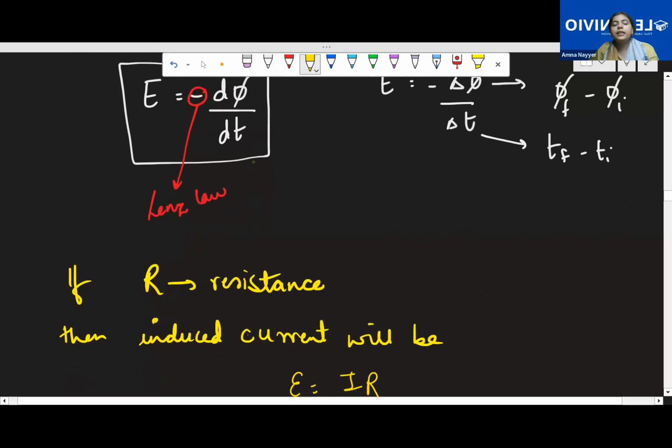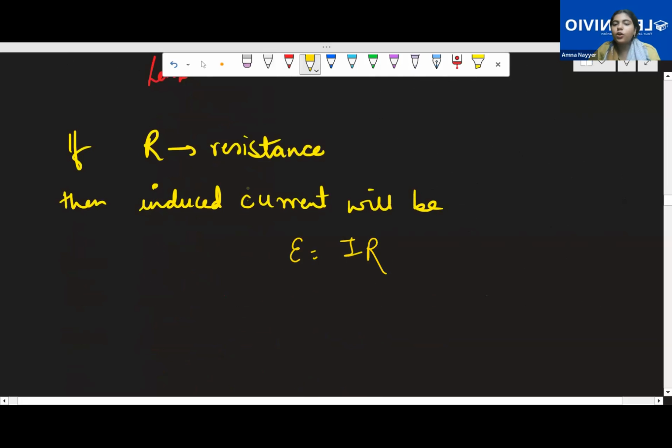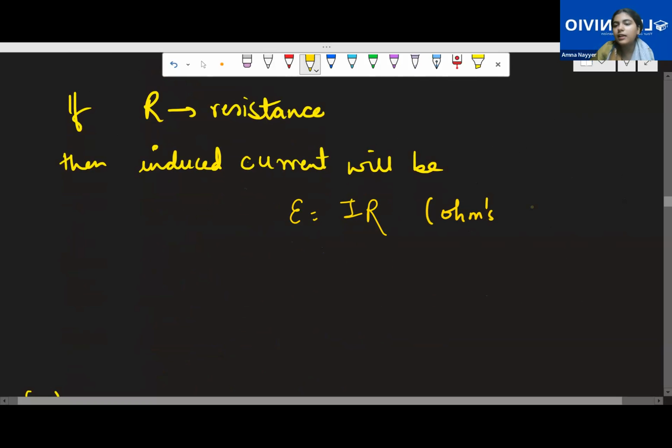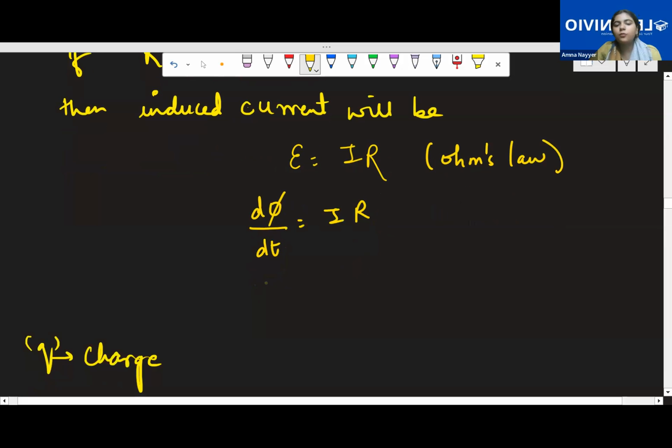Now, see, if resistance is given, let's say R is the resistance, what will be the induced current? EMF is equal to IR using Ohm's law, class. From here, if I put the value of EMF, minus d phi over dt is equal to I into R. So what will be the formula of the current from here?